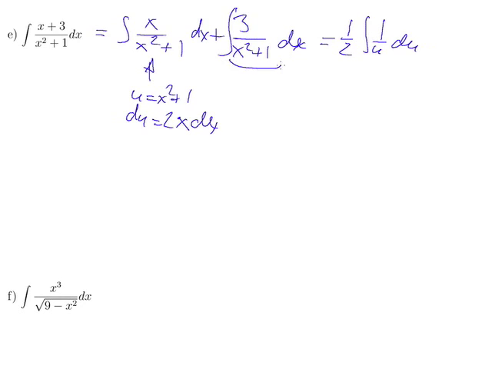The second term, we know an antiderivative here just from looking at it. This is 3 times 1 over x squared plus 1. Looking in the table, we get simply 3 times inverse tangent. The remaining integral over 1 over u is very easy. This will give us a logarithm.